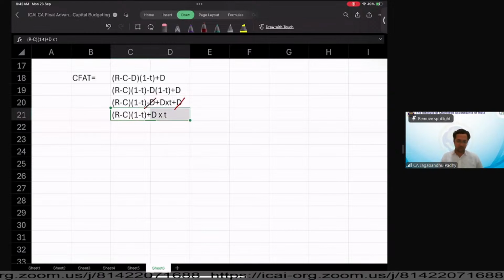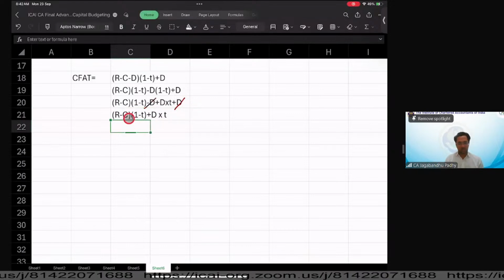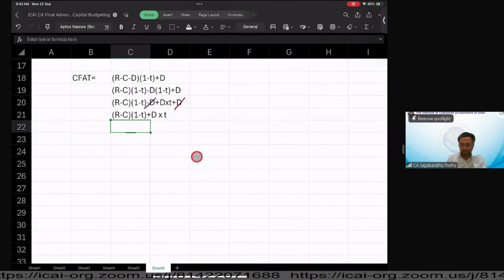Is this derivation absolutely clear, everyone? Is this clear? Whatever we have written here, revenue minus cost into 1 minus t plus depreciation into tax rate, we just solved this. We just opened up the bracket, and we are taking that revenue minus cost after tax, and depreciation into tax is the tax saving.